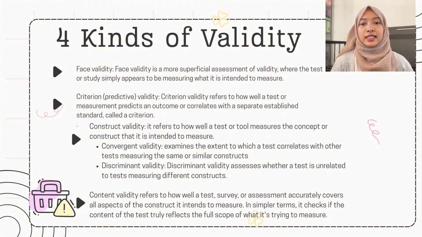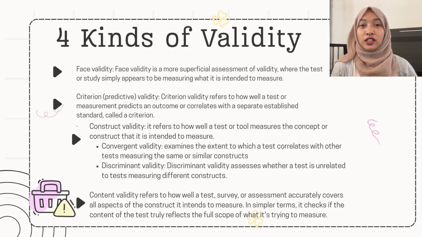The second is criterion or predictive validity. Criterion validity refers to how well a task or measurement predicts an outcome or correlates with a separate established standard, called criterion. For example, a pre-employment test with high predictive validity would accurately identify candidates who will perform well on the job after a certain period.